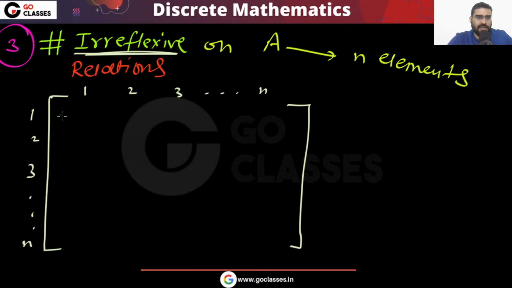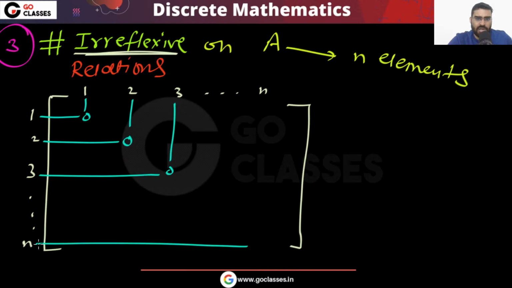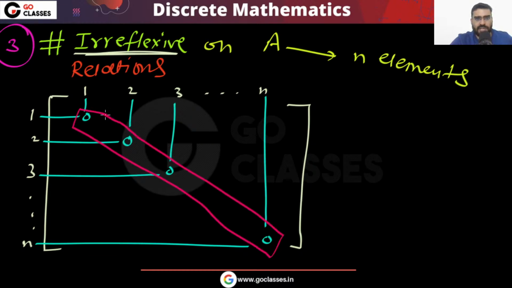So basically this value must be 0. Similarly, this value must be 0, and this value must be 0. The main diagonal should have all zeros. So for the main diagonal, you have only one choice. This is your main diagonal, and it is fixed.